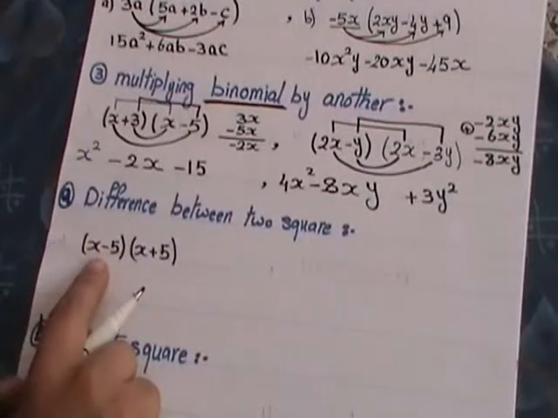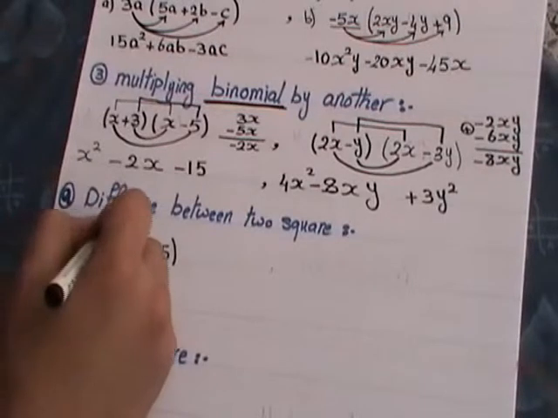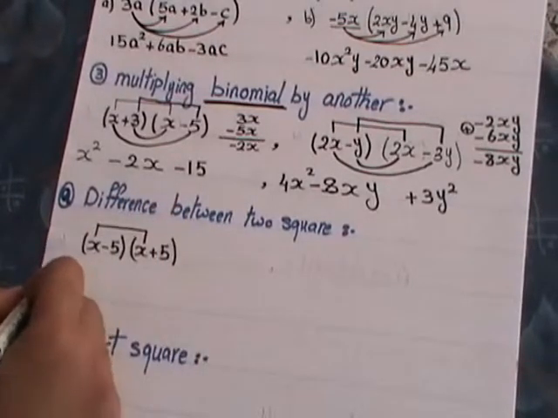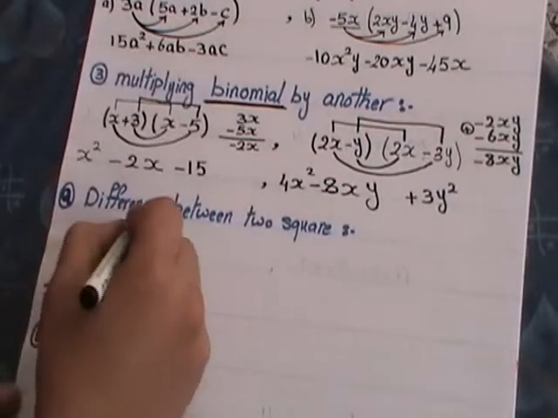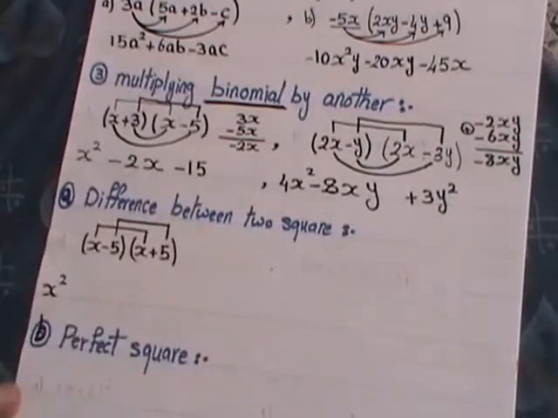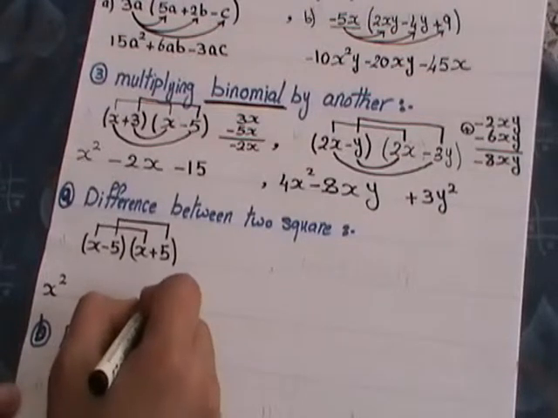The first binomial and here the second binomial. We start: x times x will be x to the power 2, and negative 5 times 5 equals negative 25.